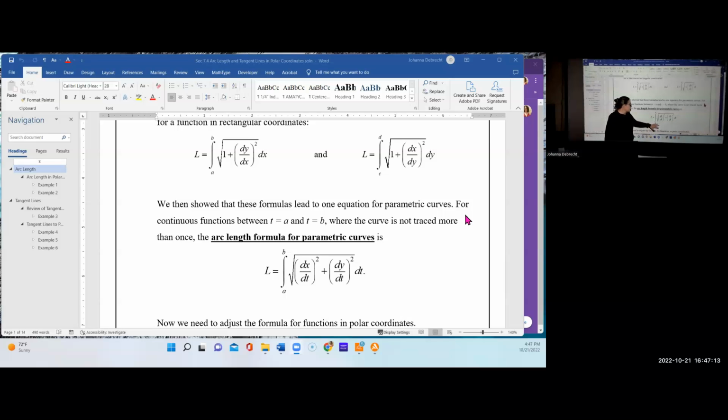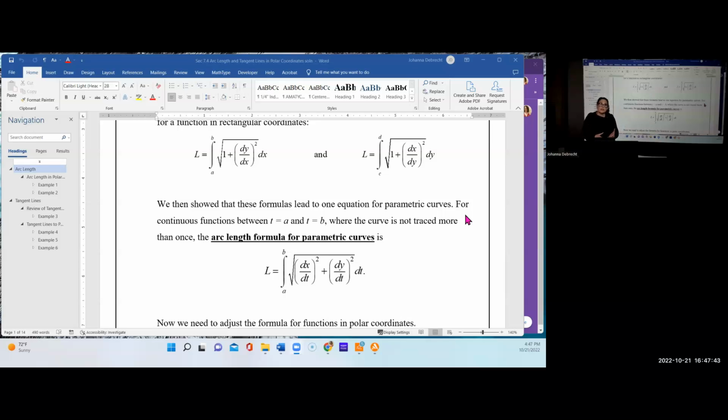And that formula is the integral from t equals a to t equals b, these are parameter values, of the square root of (dx/dt) quantity squared plus (dy/dt) quantity squared, and we integrate with respect to t. So we found that with parametric curves, this formula actually became somewhat simpler in that there's just one form and you're integrating with respect to t.